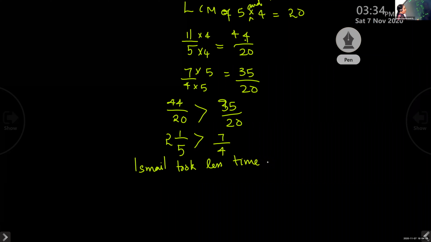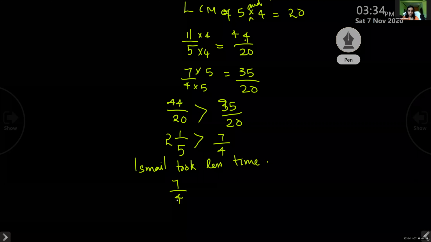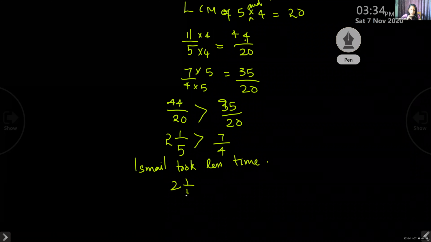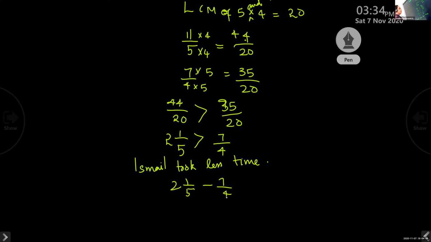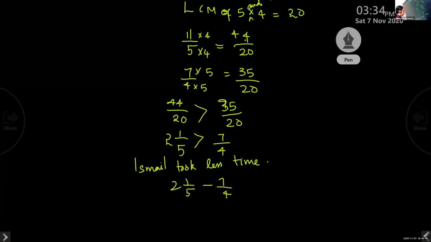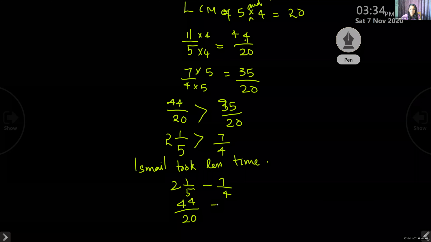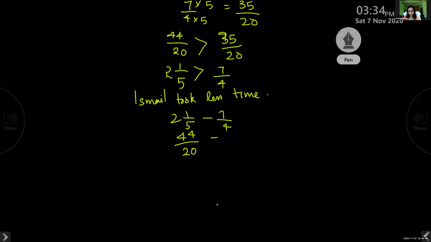And how much more means you have to subtract. 2 and 1 by 5 is 44 by 20, minus 7 by 4, which is 35 by 20. Don't interchange it, okay? You have to write the correct fraction.